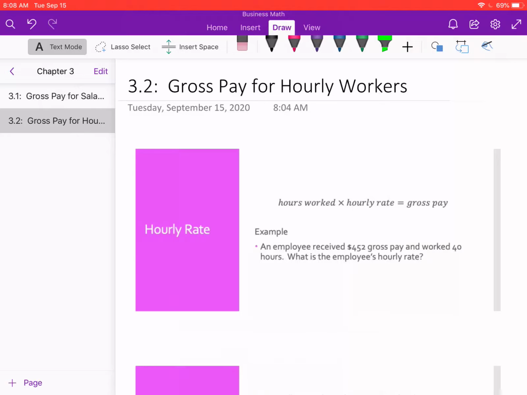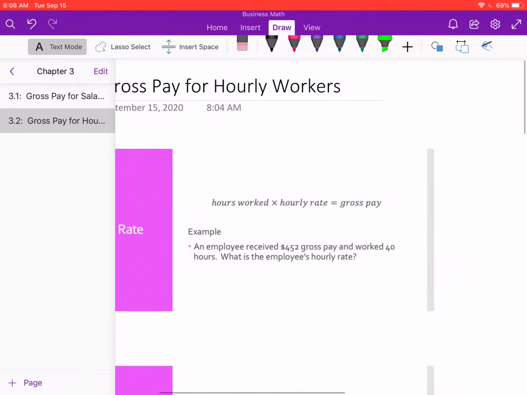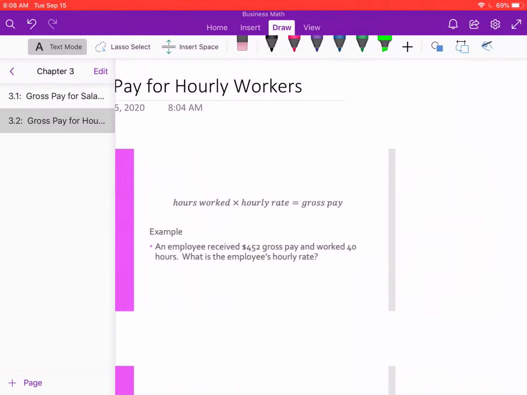So if an employee received $452 of gross pay and worked 40 hours, what is the employee's hourly rate? So let's plug in what we know and solve for what we don't know. We know that they worked 40 hours. We don't know the rate, so 40 times R should be 452.